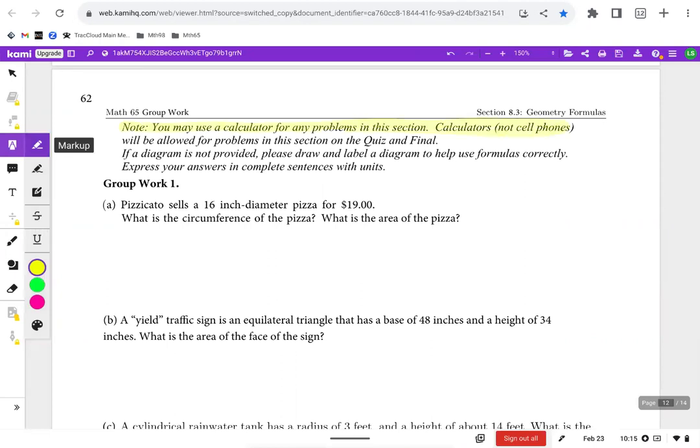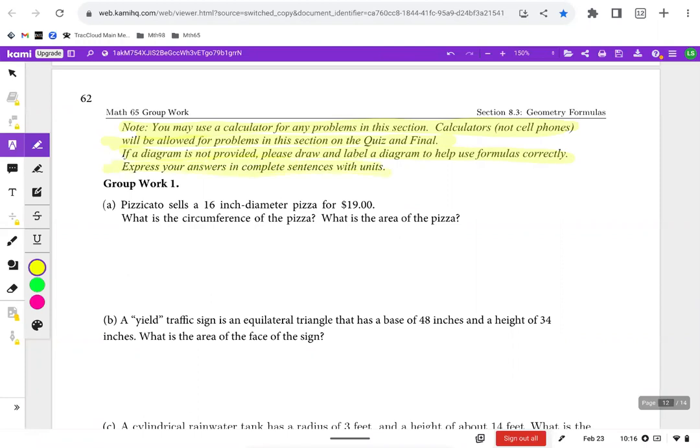You may use a calculator for any problems in this section. Calculators will be allowed for problems on the quiz and the final. If a diagram is not provided, please draw and label a diagram to help use the formulas correctly. That's kind of the way to show your process carefully and make sure you're going to get the right answer or get partial credit if you don't.